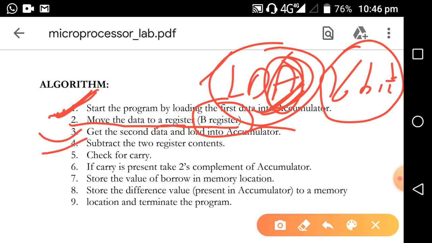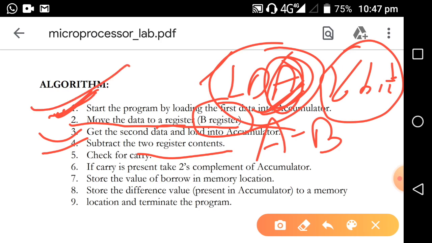Okay, then we will use a subtract instruction to subtract the two register contents. One is the accumulator and the other is the B register. In this algorithm, if we take some other register except B, we will use that other register in the command also.